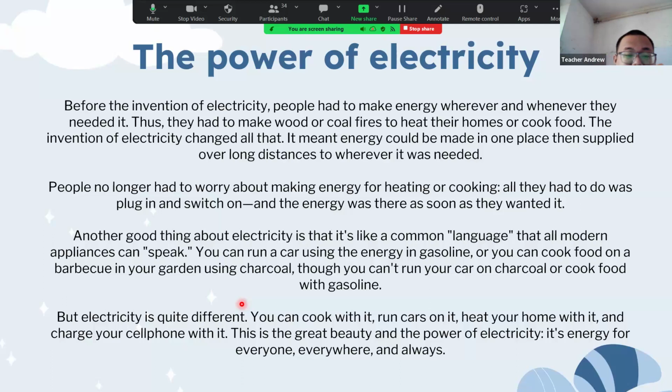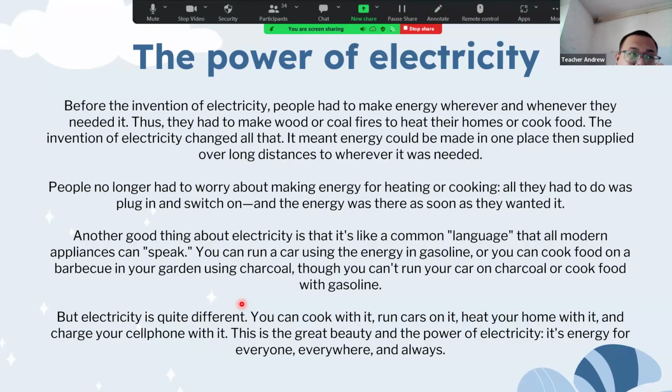Thus, they had to use wood or coal fire to heat their home or cook their food. And the invention of electricity changed everything. Energy can be made in one place and supplied over long distances to wherever it is needed. So people no longer worry about making energy for heating or cooking, because all they have to do is switch on the switch and everything is there to use.